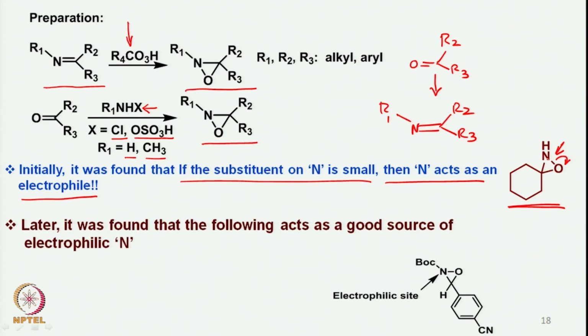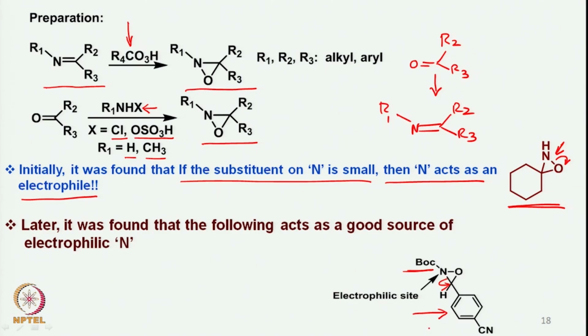On the other hand, it was also found that if we have a group like this here, para-cyanophenyl for example, then with a group like Boc present on the nitrogen, you are making this particular nitrogen more electrophilic, and also there is a possibility that you can break this bond here, and the negative charge here will be stabilized because of the electron withdrawing cyano group attached to the para position of the phenyl ring.